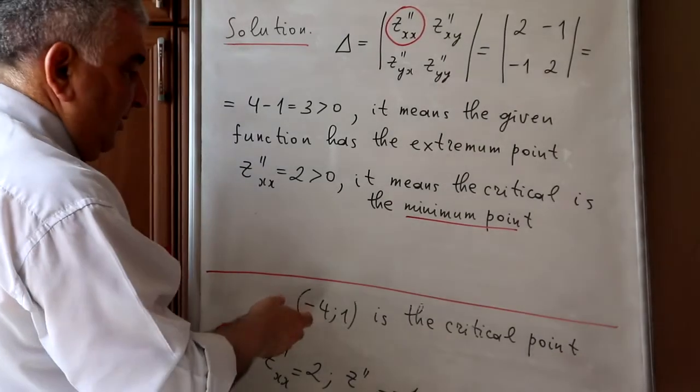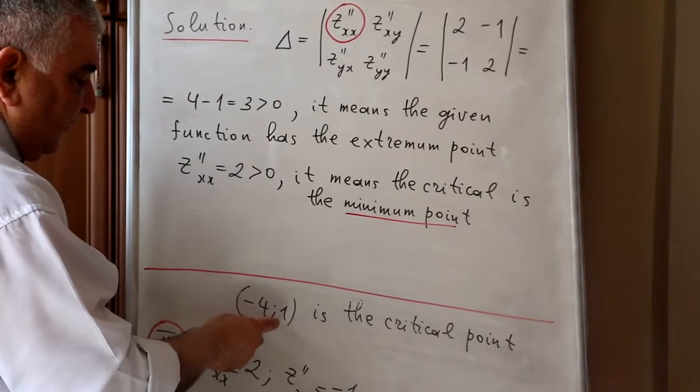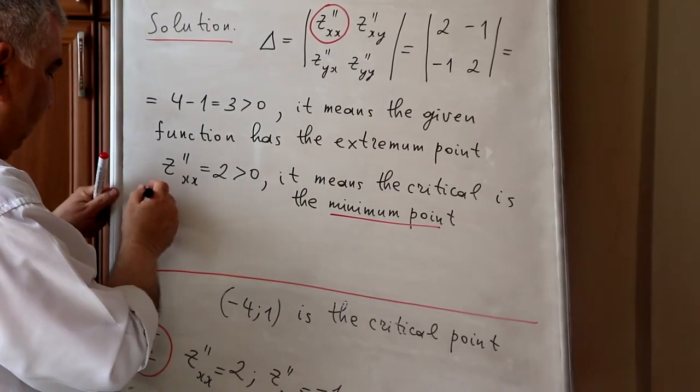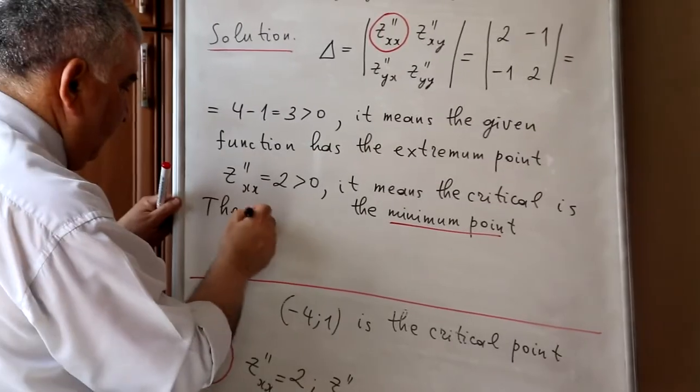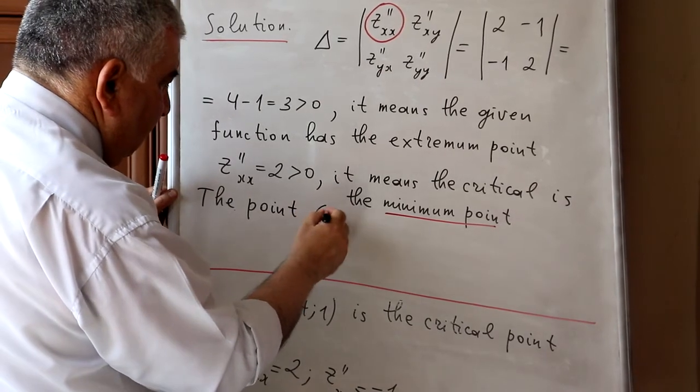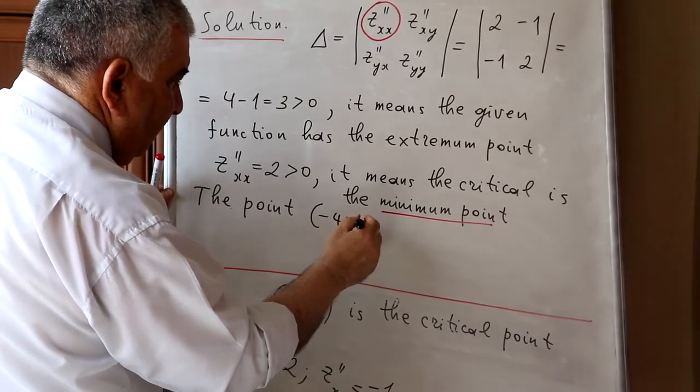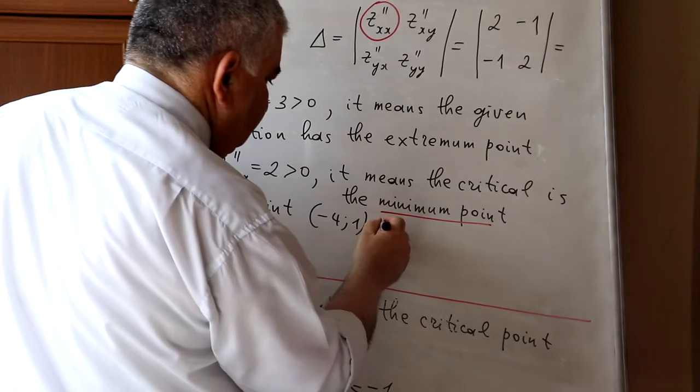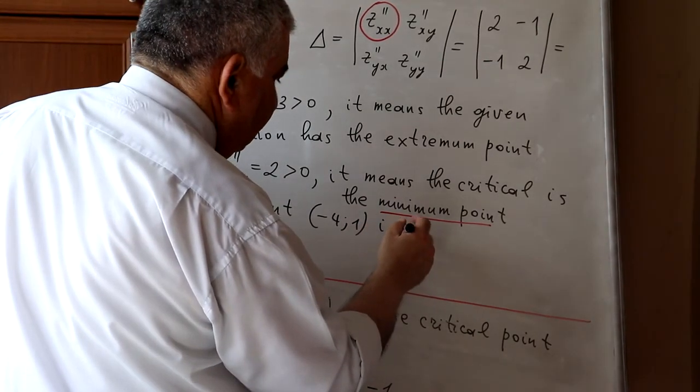That is, our critical point, minus 4, 1, is the minimum point.